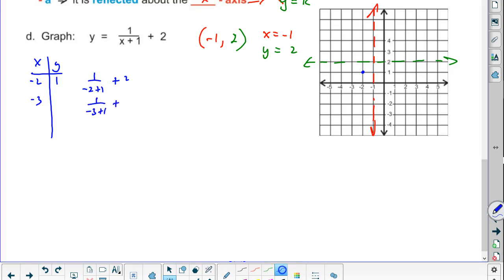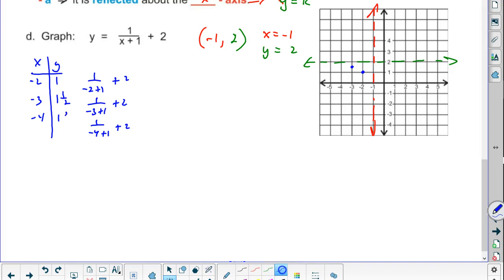So again, you're just subbing in. No big deal here. So the left is negative 1/2, so the right is 1 1/2. Do you see what's happening now? You see how we're approaching the asymptote? So now if I did negative 4, that's going to be a negative 1/3 plus a 2.